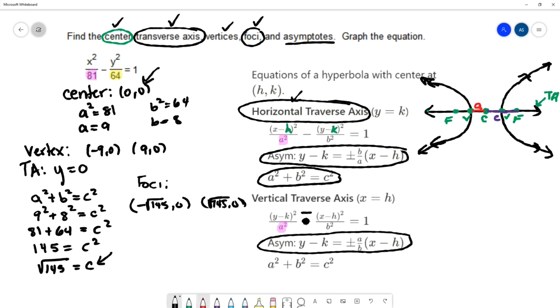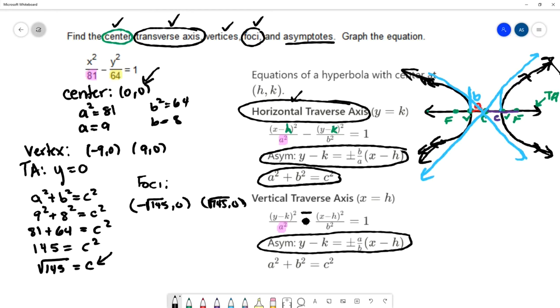But if we take the value of b coming off of our vertex, it creates this diagonal going through the center, and that's going to guide us on where to draw our arrows here at the end, where the end behavior of this graph is headed. So visually, that's what b represents.